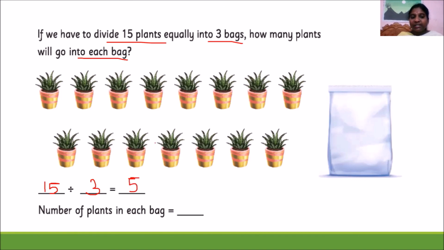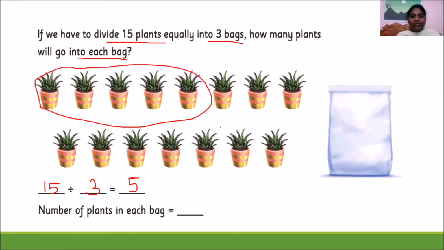Let us check this. Here we are going to group 5 plants in one bag. 1, 2, 3, 4, 5. So these 5 plants in one bag. 1, 2, 3, 4, 5. Here the second set of 5 plants in the second bag.